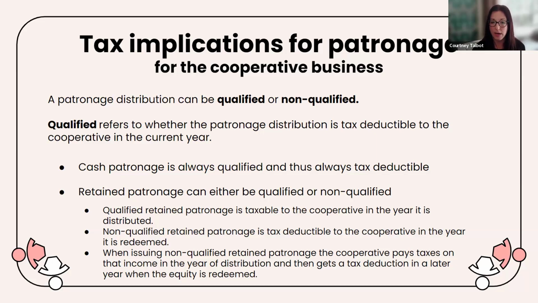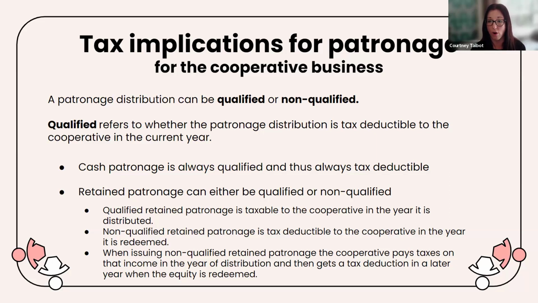When you have the retained patronage, it can be either qualified or not. If it is qualified, it's taxable to the cooperative in the year it is distributed. If it's non-qualified, it's tax deductible to the cooperative in the year in which it is redeemed, meaning you'd have to look at the bylaws for the rules on a worker owner redeeming their patronage. Whenever that time period is based on the bylaws, that is when it would be tax deductible.